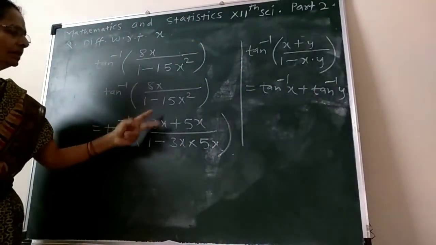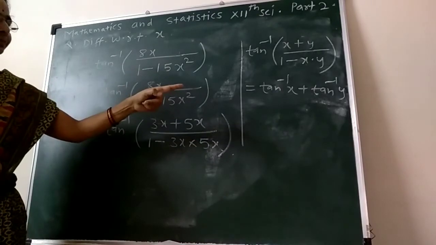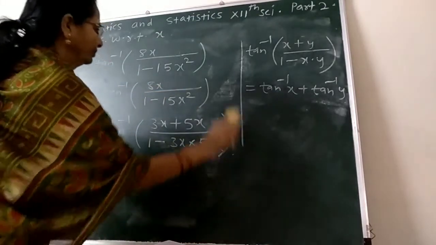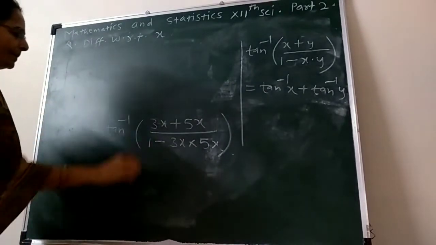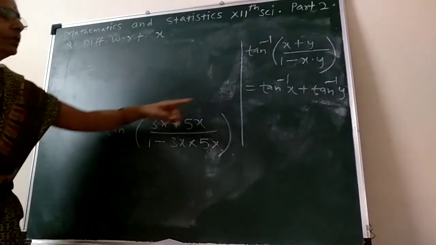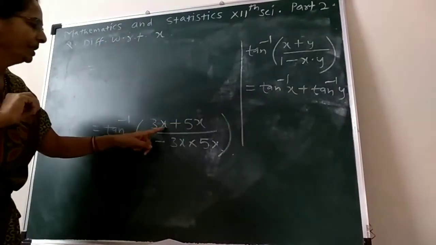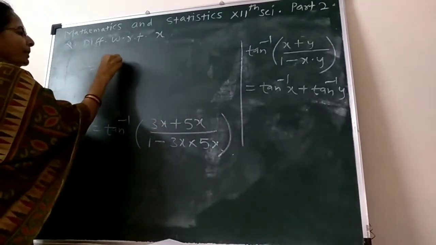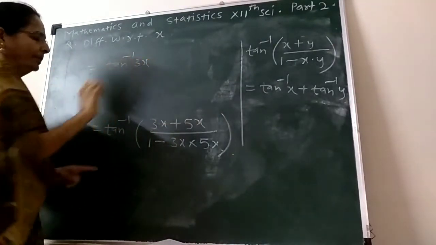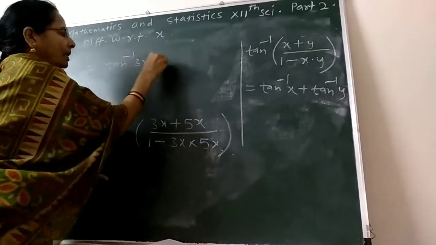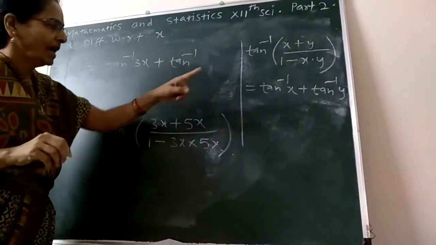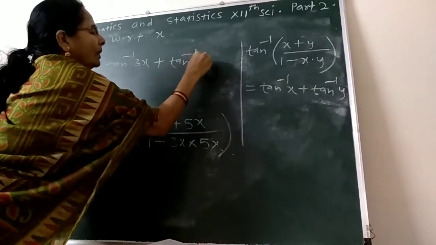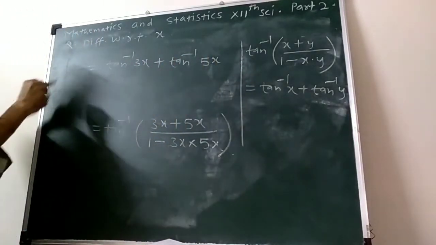Remember this splitting formula. So according to that formula, we write this is equal to tan inverse x, meaning 3x, plus tan inverse y, meaning 5x. This is the value of y.